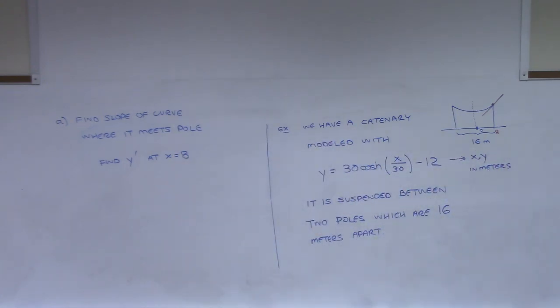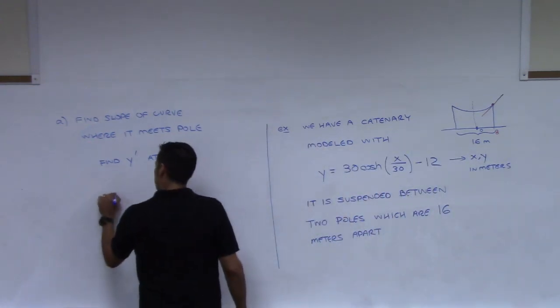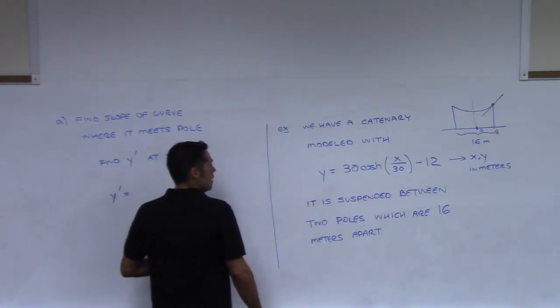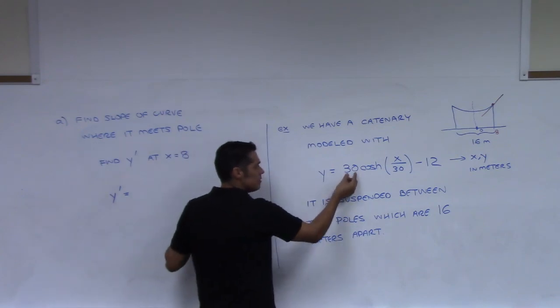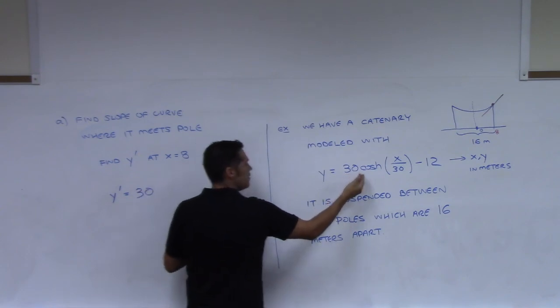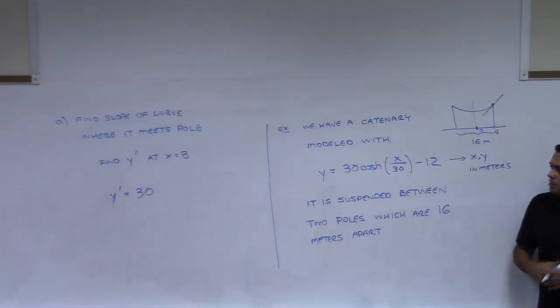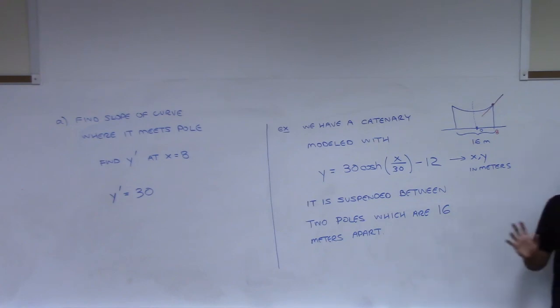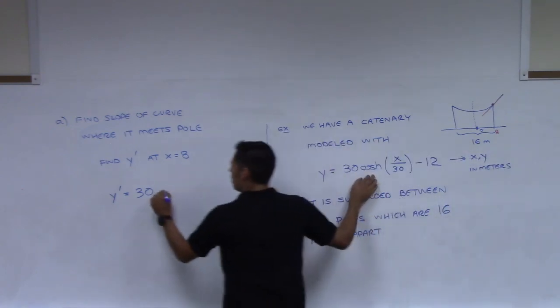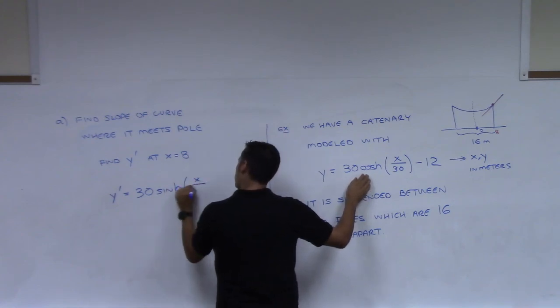All right, so what is y prime? What is the derivative of this? We have a 30 here, so it's just going to come along for the ride. What's the derivative of cosine hyperbolic of something? Sine hyperbolic. No, we don't have the negative. It's just sine hyperbolic of x over 30.